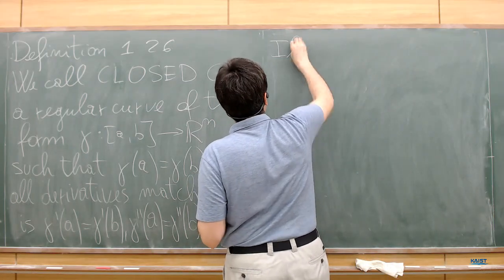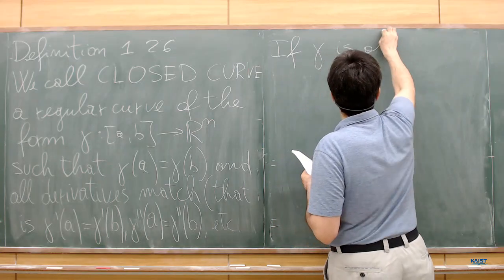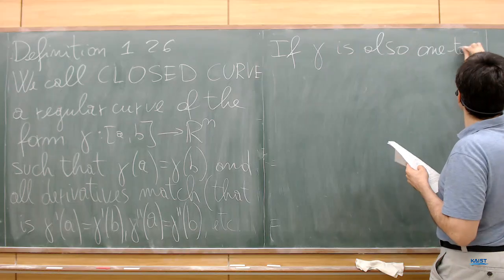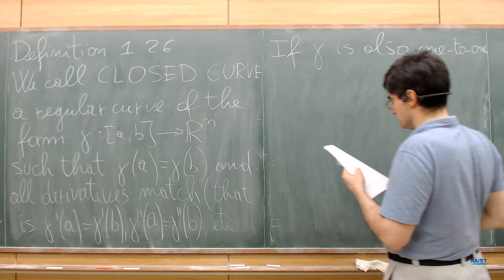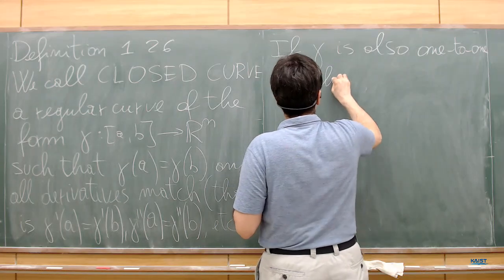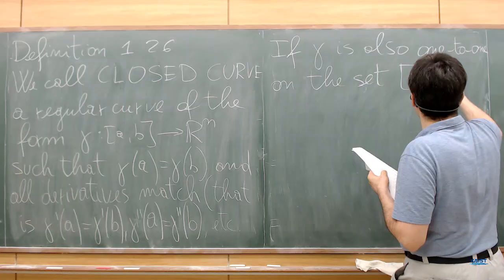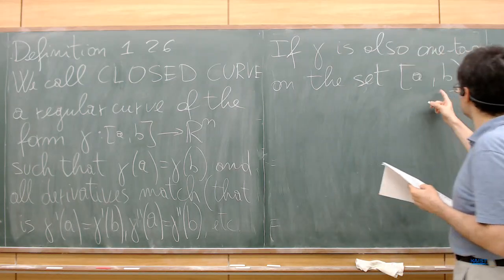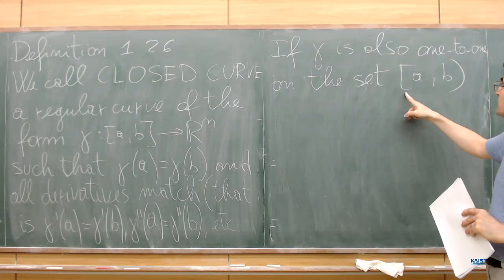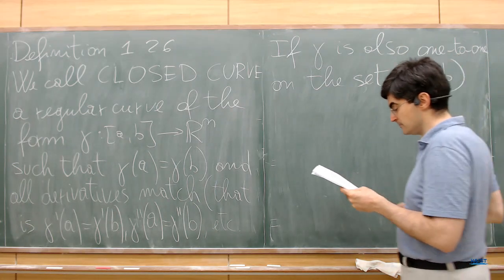If gamma is also 1 to 1 on the domain [A, B), please observe that this is a set which is closed on the left side and it is open on the right side.